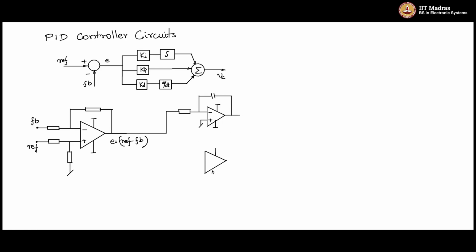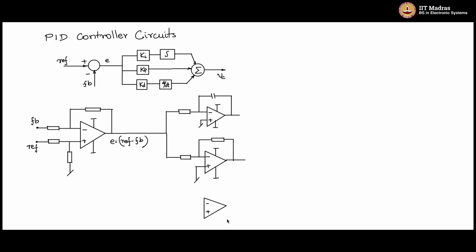Then I will have one more op-amp, and let me do the proportional gain action. So I'll just put an inverting amplifier with a fixed R1, R2 gain, and this will give you the proportional action.